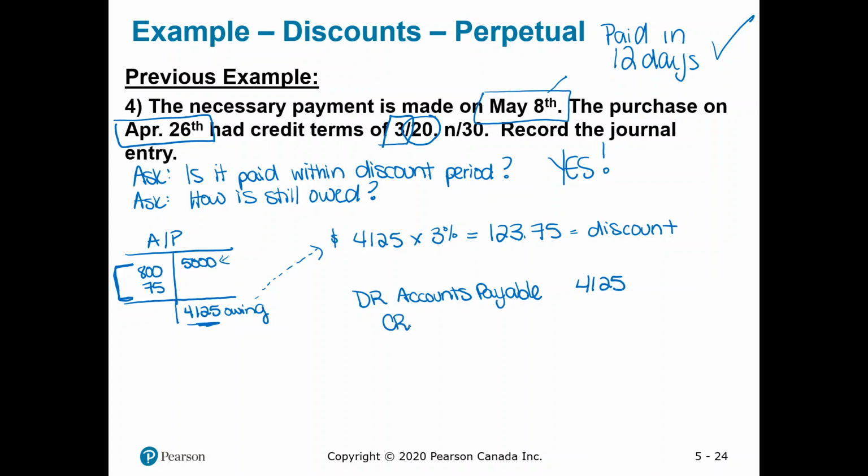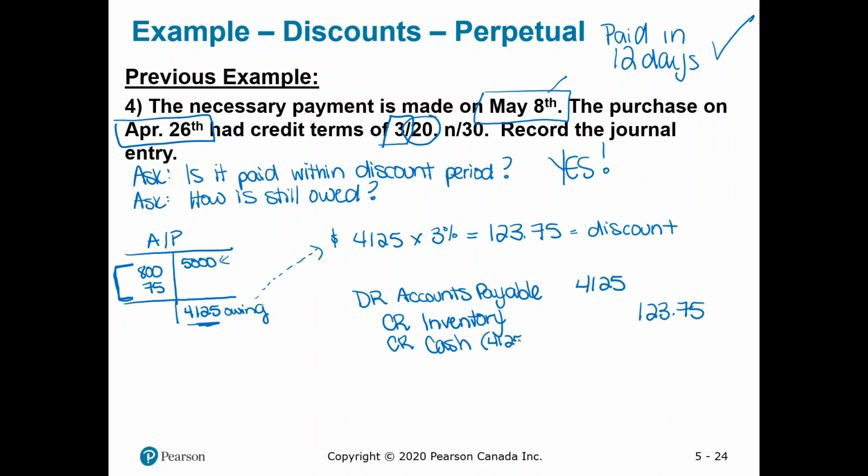We know our discount amount is $123.75. And that discount means we're paying less, so we decrease the cost of our inventory, so credit inventory. And we're paying this invoice off, so our credit will be to cash.